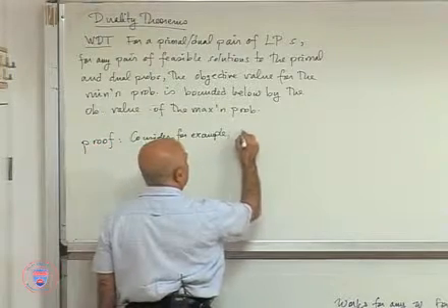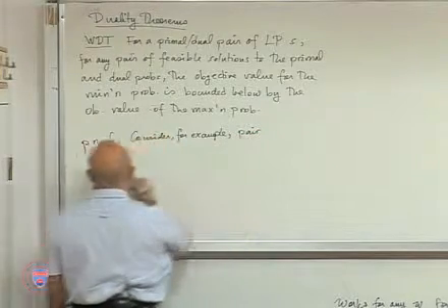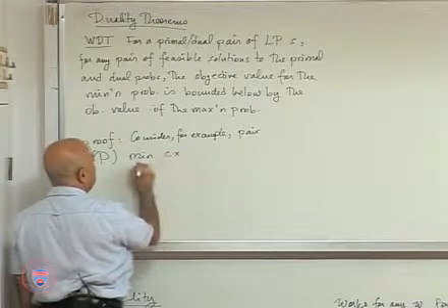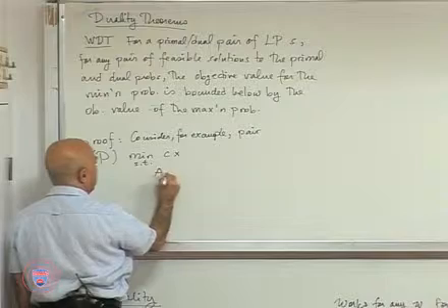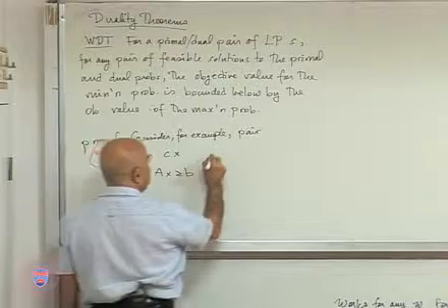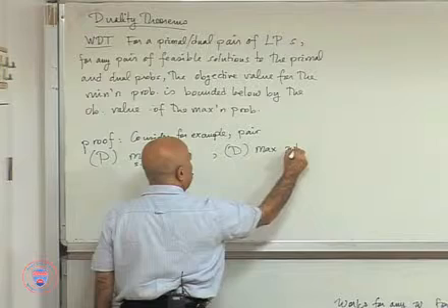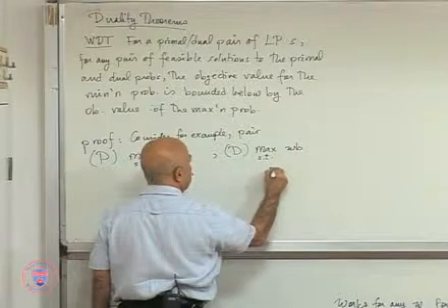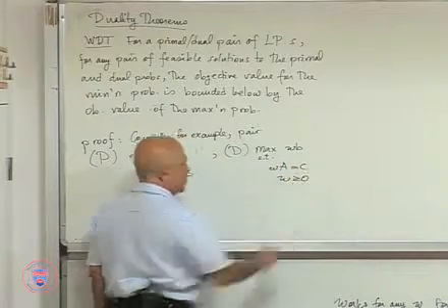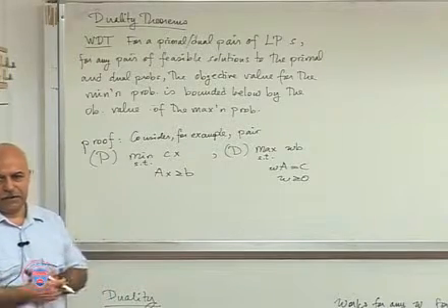Consider, for example, the primal dual pair where the primal is minimization of Cx subject to Ax greater than or equal to b. And the dual is maximization of Wb subject to WA equals C with W greater than or equal to 0.